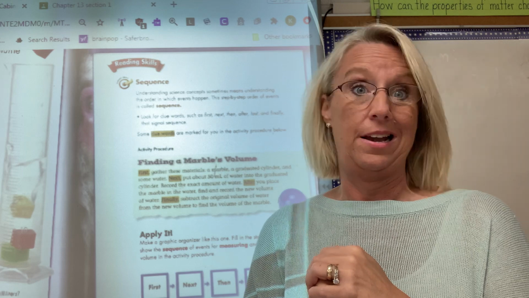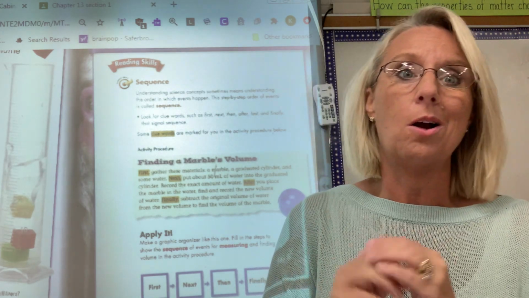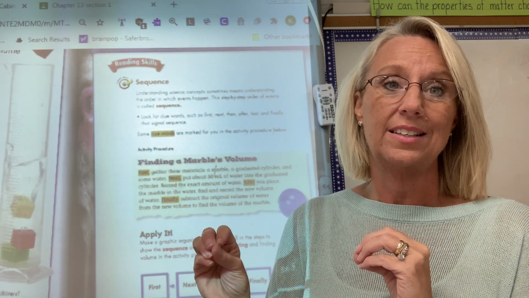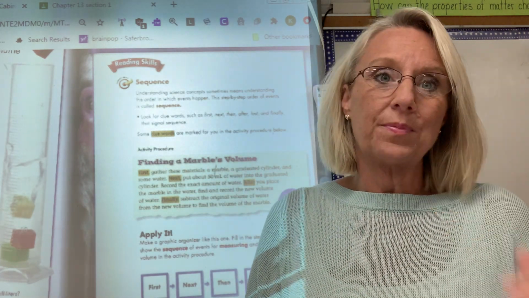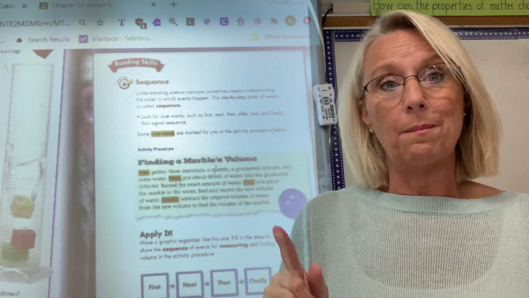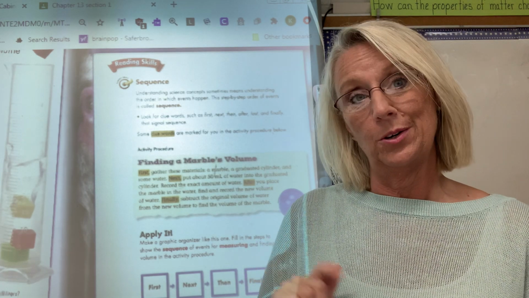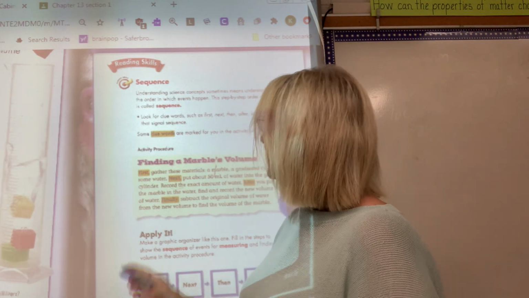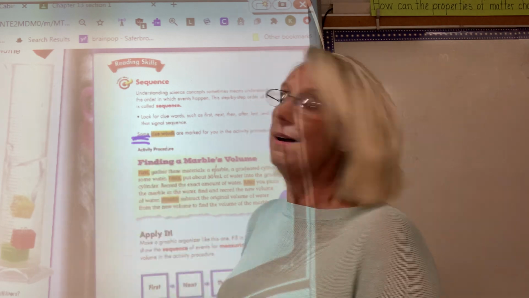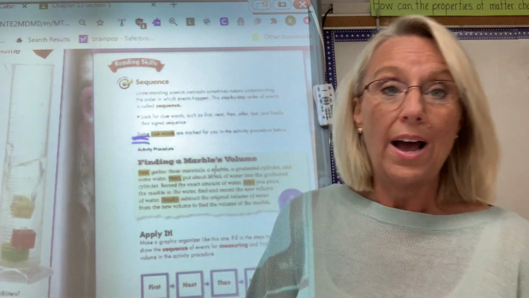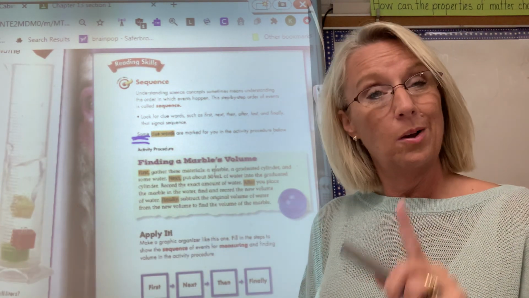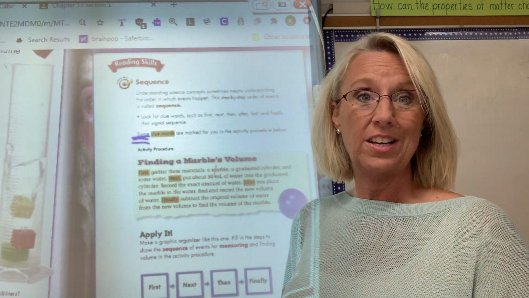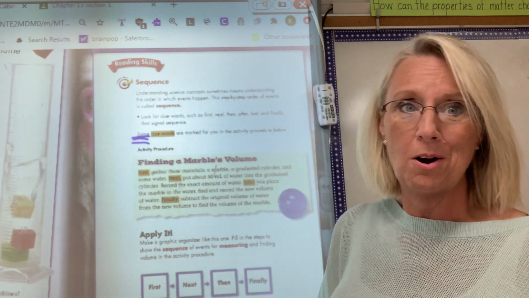Some means that not all of them are marked and highlighted. So when you're looking at directions, you have to be smart about reading the material carefully, because it says some, not all. So as we're reading through this Finding a Marble's Volume, which if we'd done this activity at school, we would have found the volume of a marble.